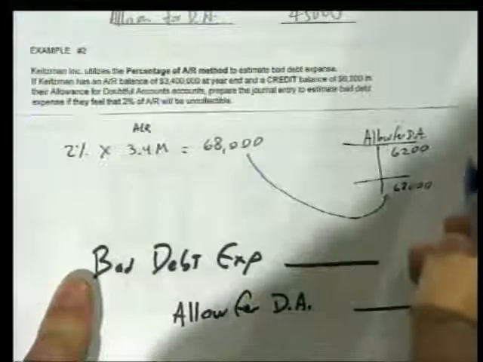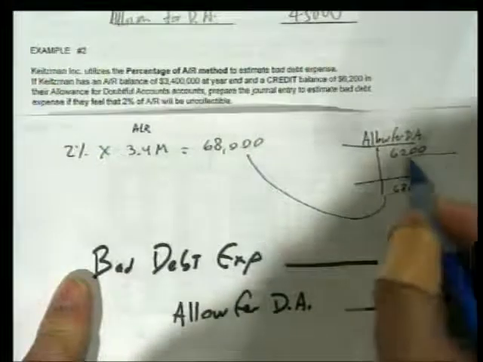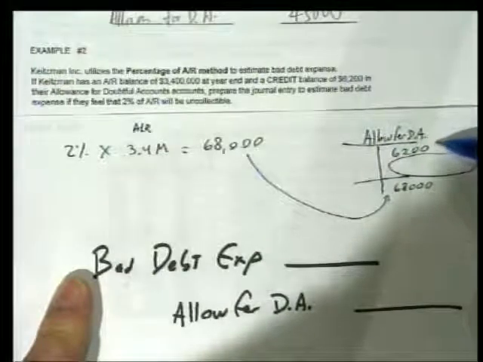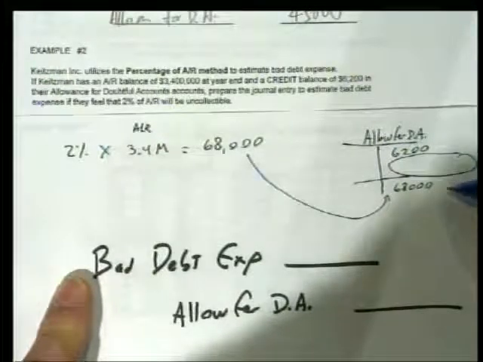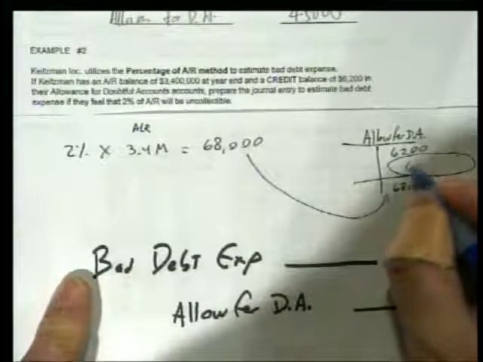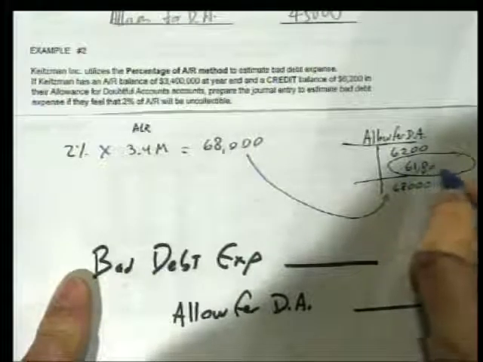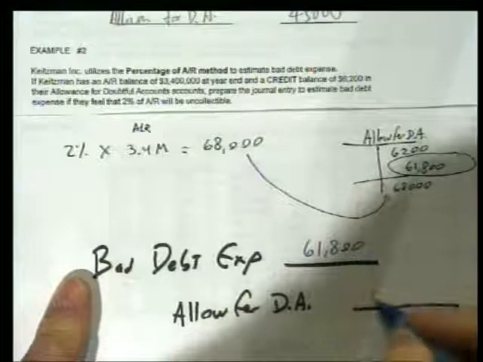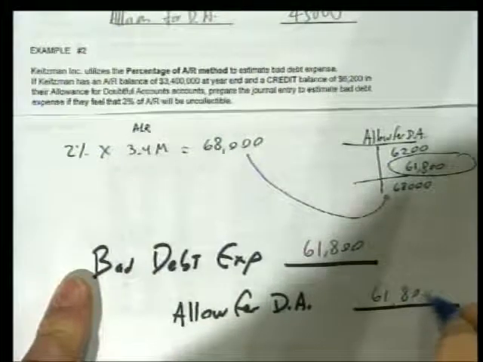So our entry has to be for whatever brings that beginning balance of 6,200 to the ending desired balance of 68,000. And in this case, what is that amount? 61,800. And that is what goes in the blank.